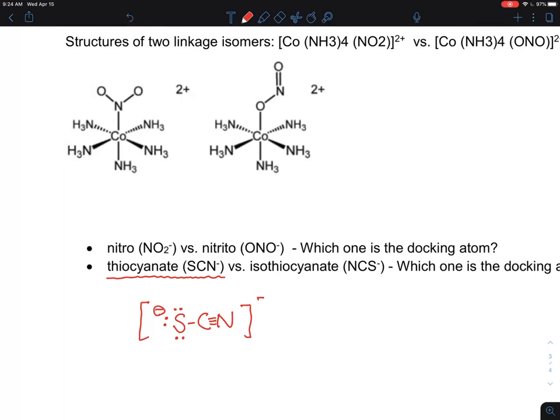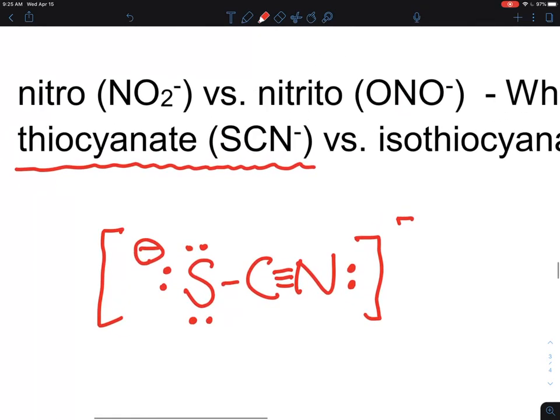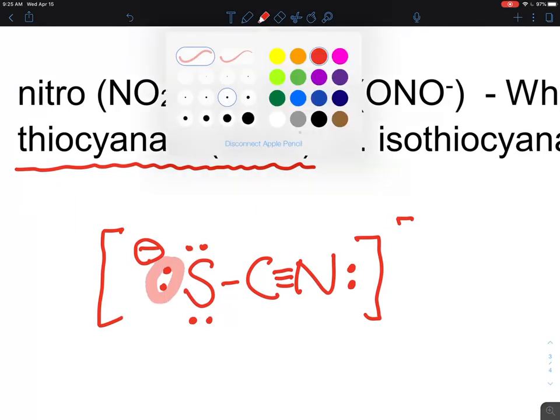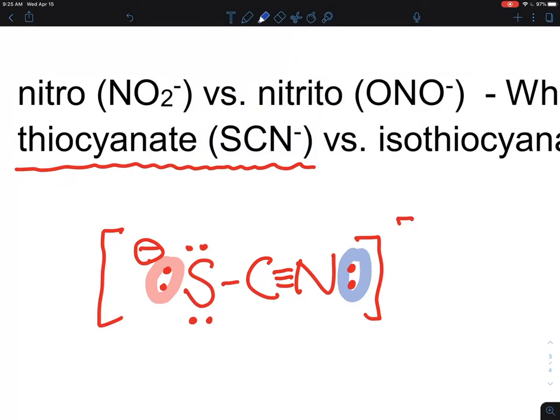This one satisfies the octet rule, and this one satisfies the octet rule. The nitrogen actually does have the two, and the lone pairs. So now if you blow it up, this one has lone pairs here, right? And also they can have lone pairs there. So it's almost like two heads.